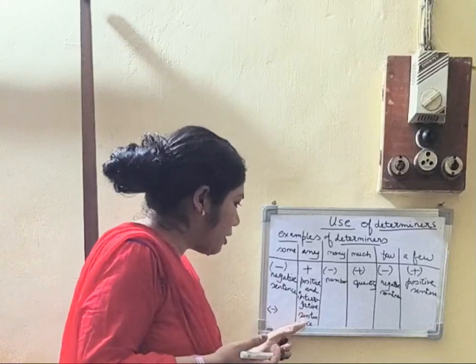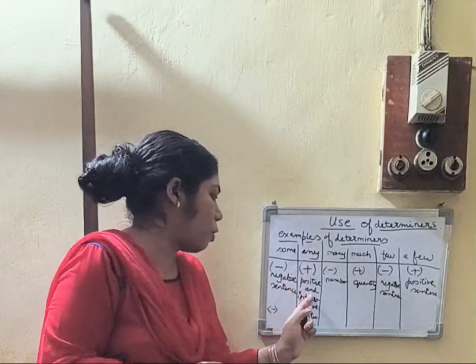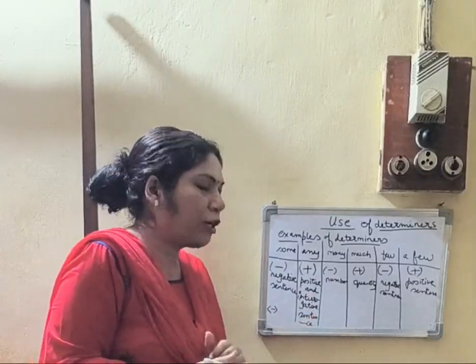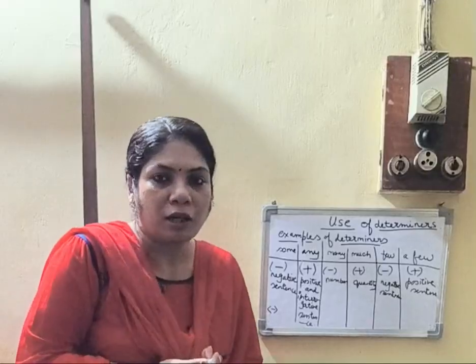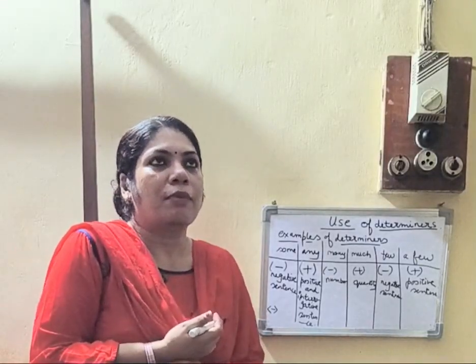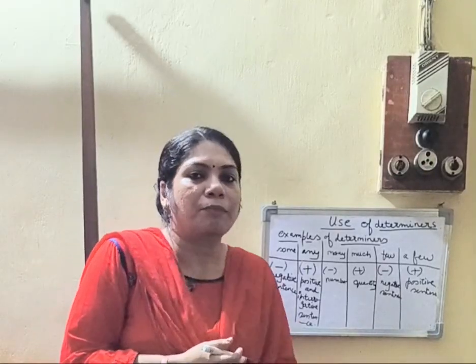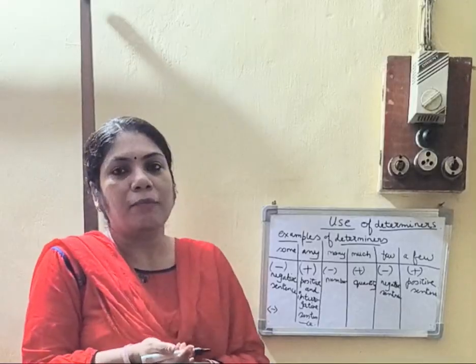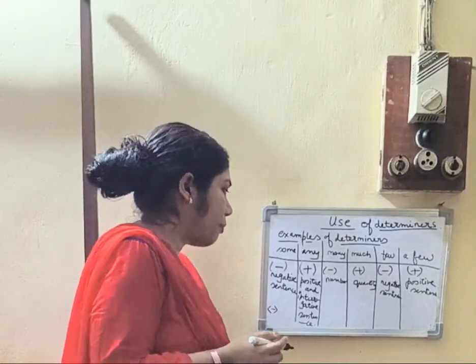Positive and interrogative sentence, any is always used in positive and interrogative sentences. Interrogative sentence means asking a question. Is there anybody in the classroom? Or you can say, is any bank still working?